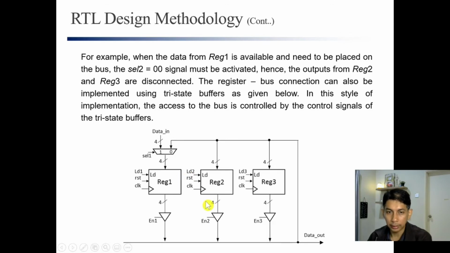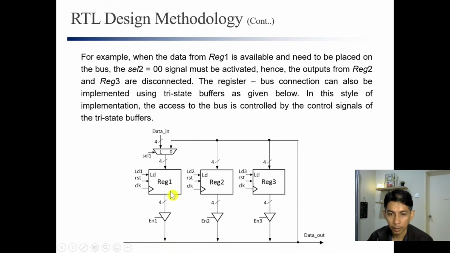Another way is we use the three-state buffer to isolate the data from the register to the bus. In this case, for example, if the three-state buffer enable is equal to 0, it means that this wire is not connected to the bus. If enable 1 is equal to 1 and the rest are equal to 0, then this one will go to the bus.